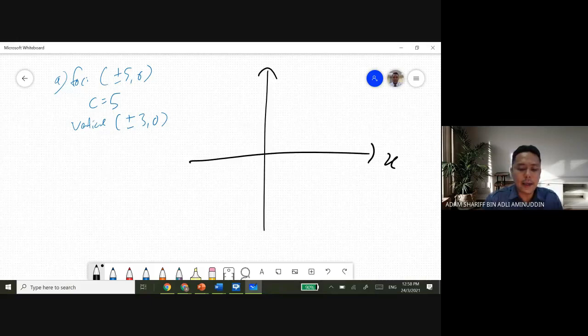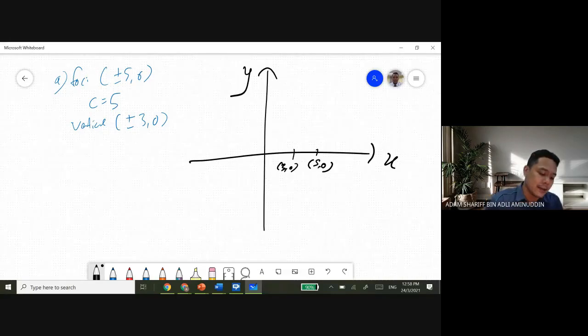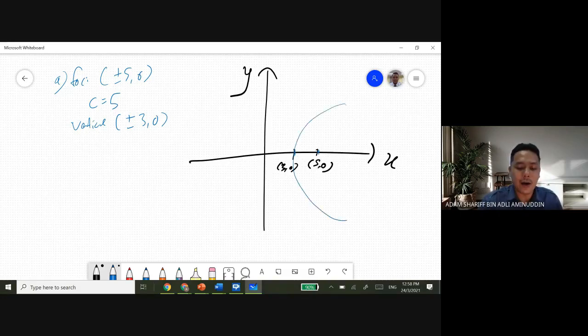So given X, Y, and you have a foci at 5, 0, and also the vertices at 3, 0. Okay. So this can actually give you the idea that the hyperbola points lies horizontally. Kita boleh nampak idea dah kat sini bahawa dia pada sini. Jadi saya lakarkan. Your hyperbola should look something like this.